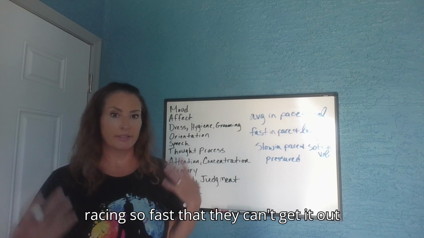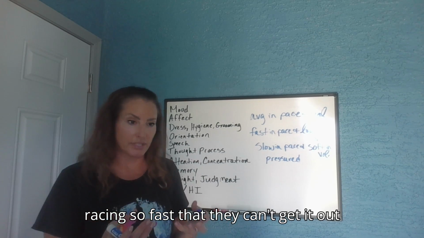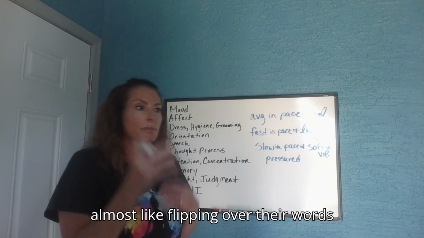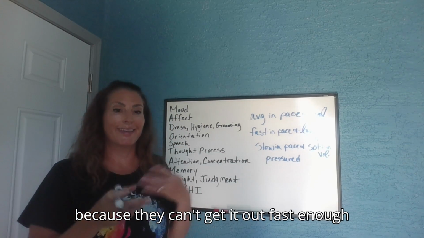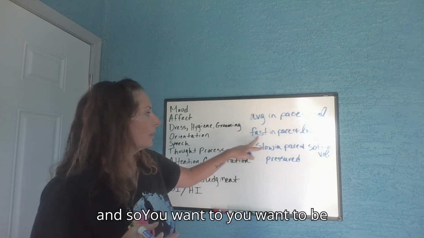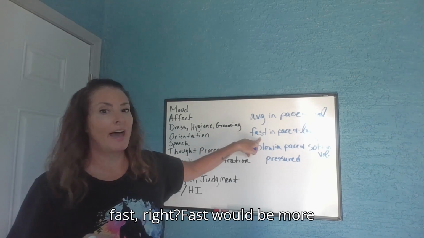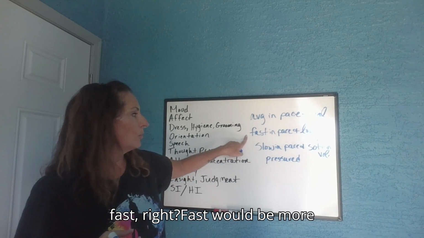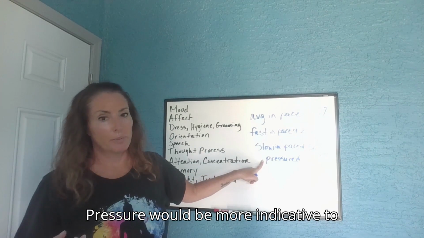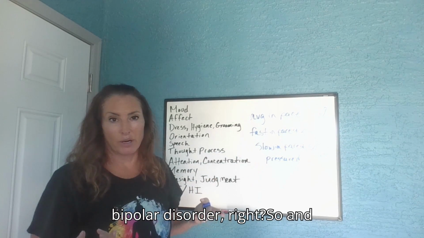The thoughts are racing so fast that they can't get it out as fast as they're thinking of it. They're almost flipping over their words because they can't get it out fast enough. And so you want to be careful because it's not the same as fast, right? Fast would be more indicative of an anxiety disorder. Pressured would be more indicative of bipolar disorder, right?